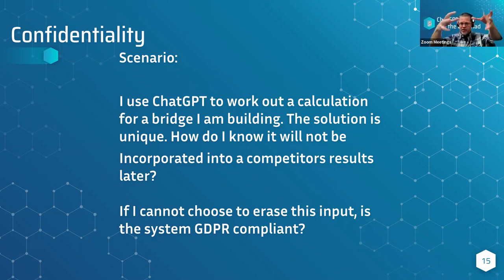Our information goes in, it's pooled. And if I can't erase this input, would the system be GDPR compliant based on this very simple construct that I've put into this conversation? So I'd really like everybody's thoughts on this, if you don't mind, just for a few minutes.